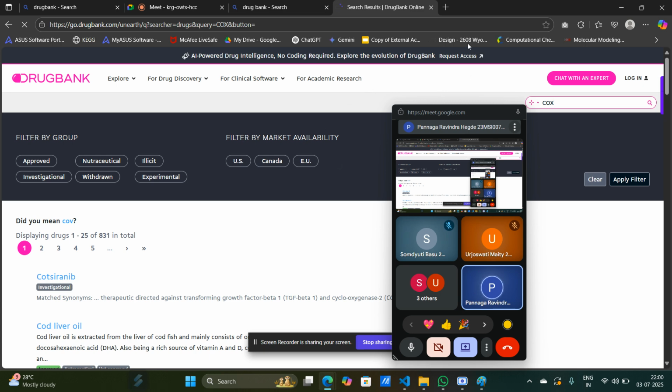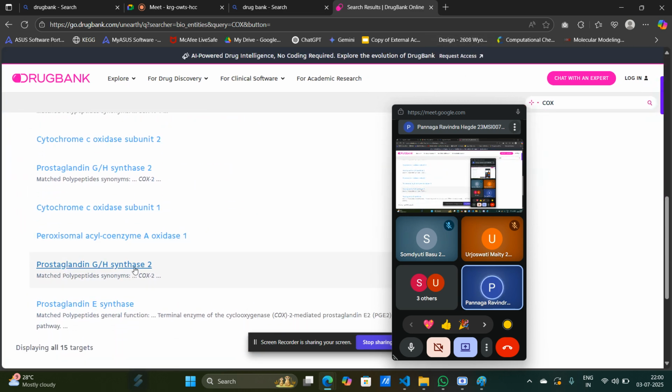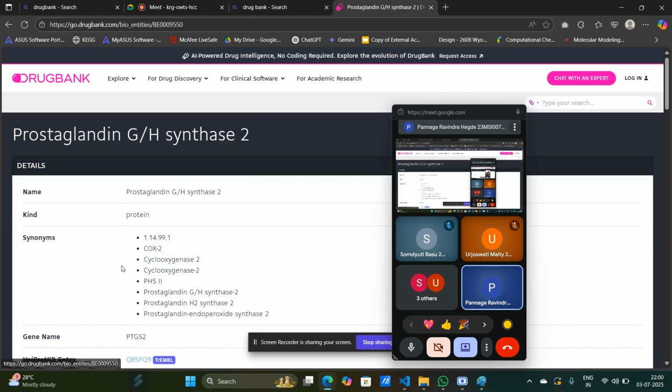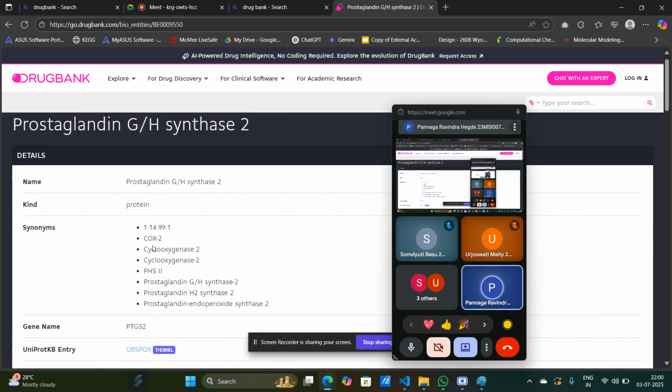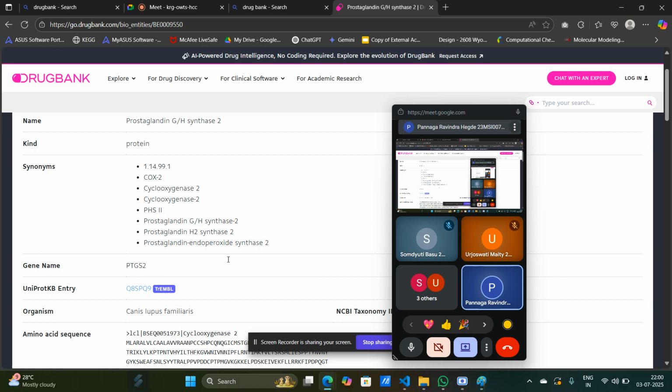Search COX in the targets, and let us select this prostaglandin G or H synthase 2. And we have got this. COX-2 is one of the synonyms for prostaglandin G or H synthase 2. Everyone is on this page?